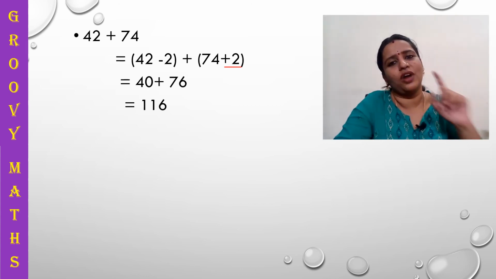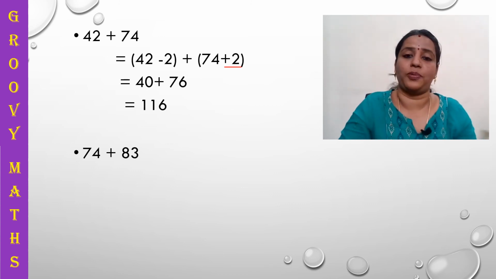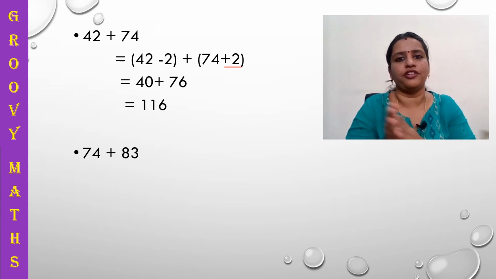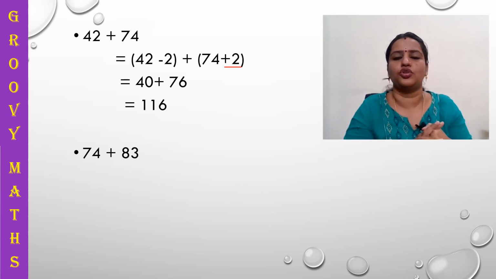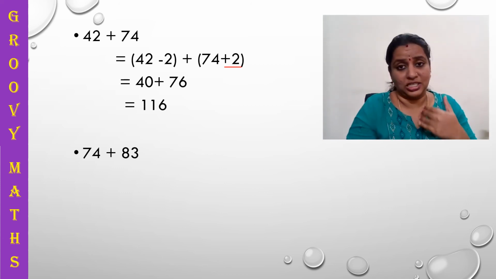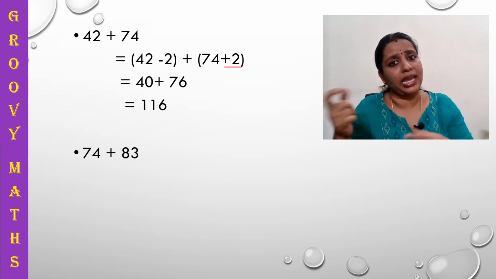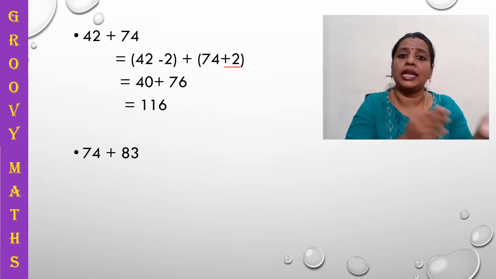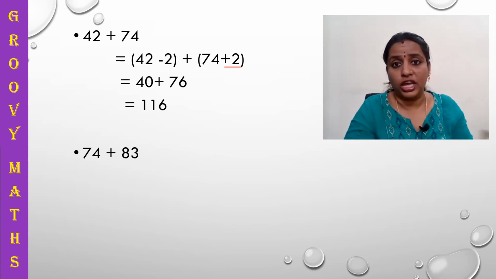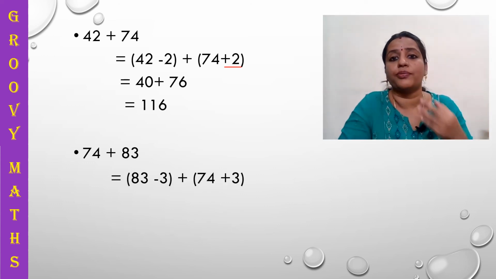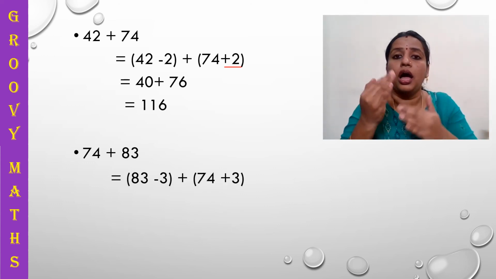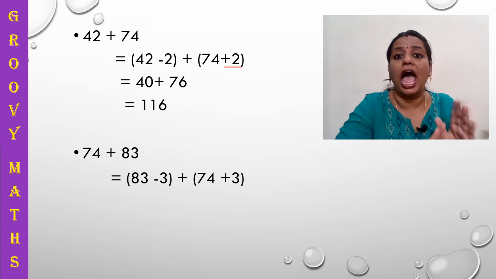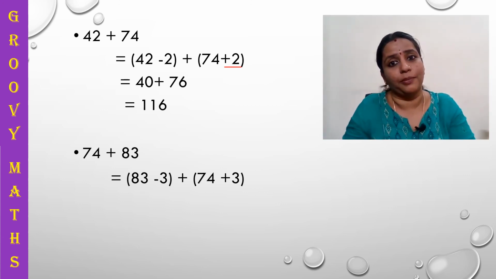We'll go for another problem. It is 74 plus 83. I'm having 74 and 83, and as 3 is much closer to a multiple of 10 and it's much easier for reducing, I'll take 83. I'll convert 83 to 80 by reducing the 3 from the 83. As I have reduced here, I have to add the 3 to the next number.